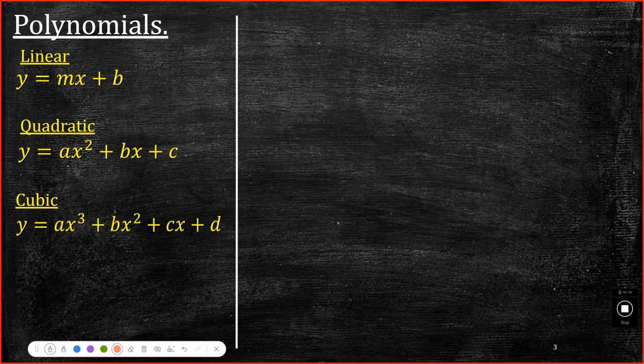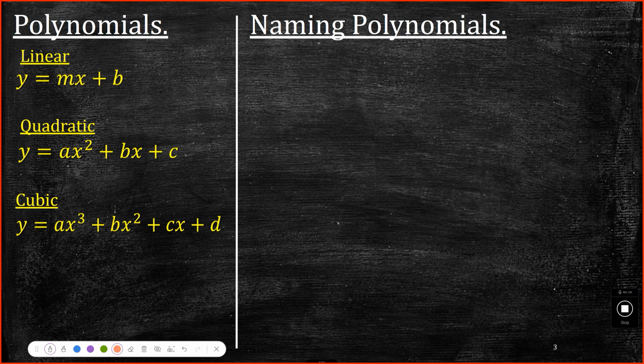Is there another way to name these polynomials? There's another way to name these polynomials. Don't you have a first name and a last name? Yes or no? And that's the way we're going to categorize polynomials. The first name will be its highest degree.